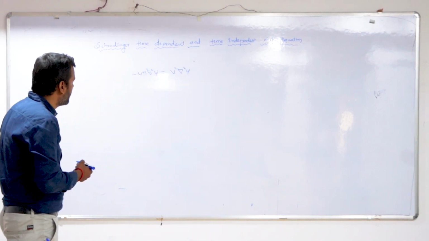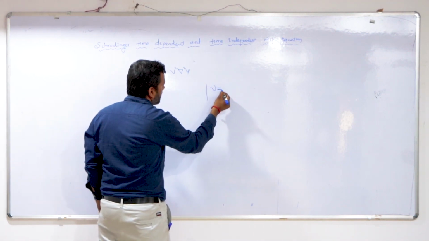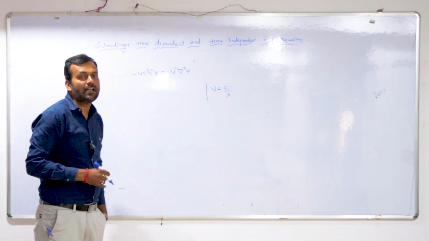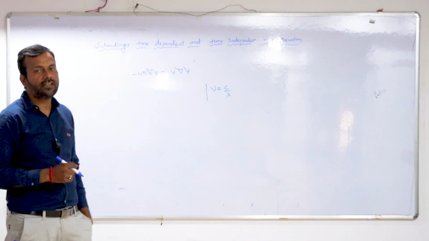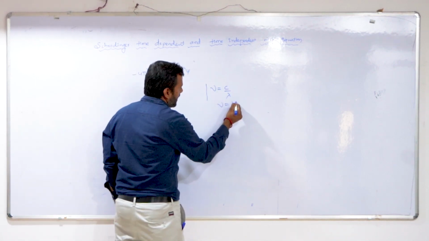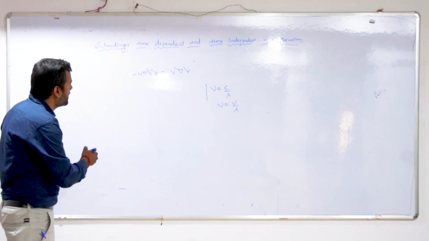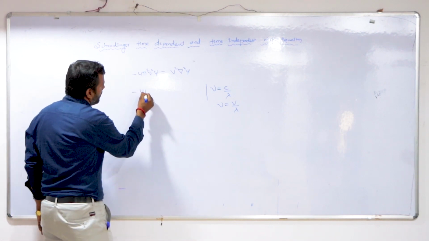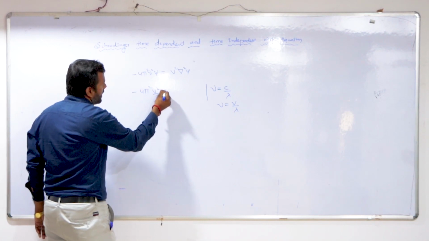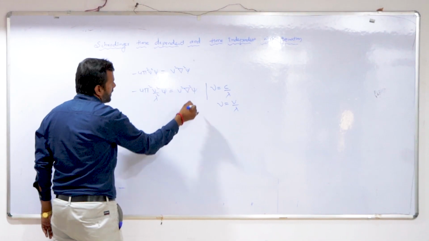As we know, the frequency nu is equal to v by lambda. This will be applicable to a non-relativistic particle whose velocity must be equal to v. So we can replace nu with v upon lambda, that is minus 4 pi square v square by lambda square psi, which is equal to v square del square psi.